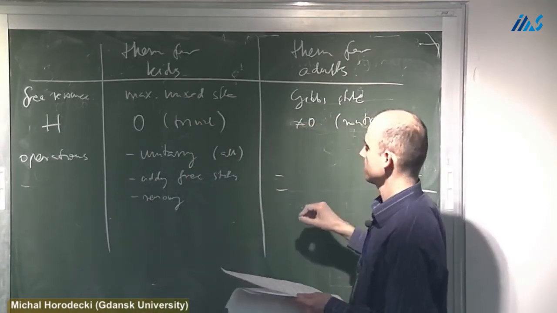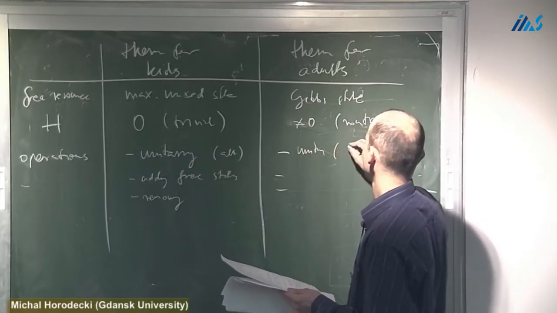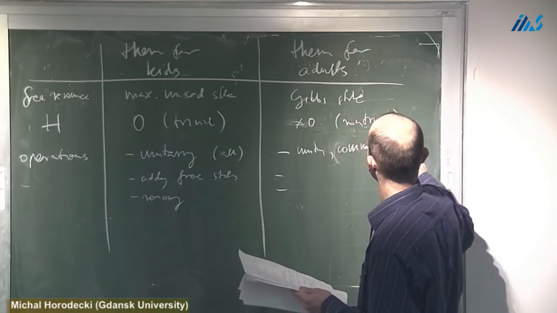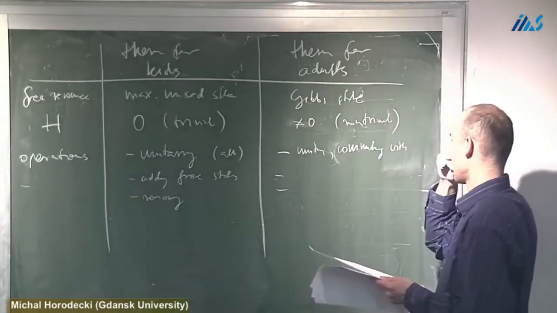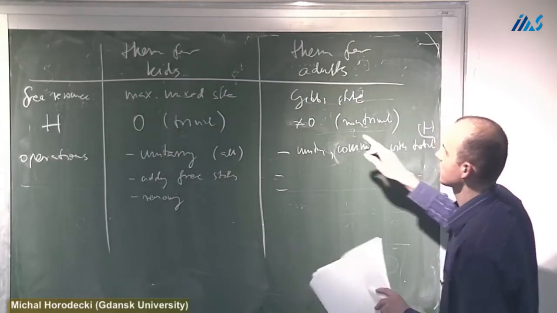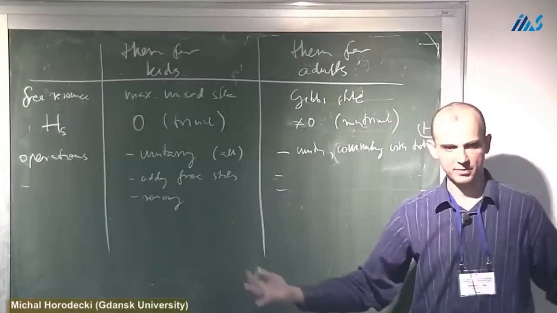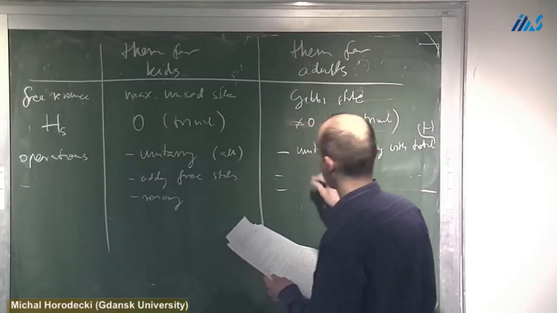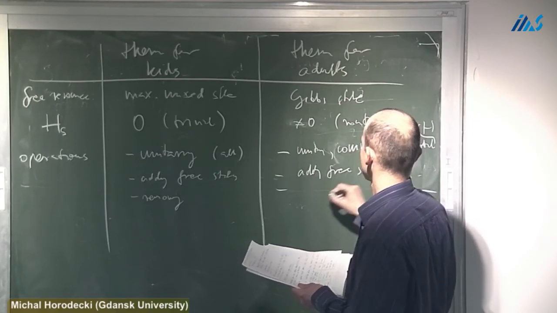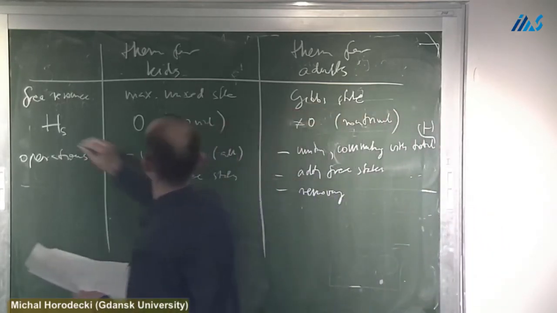So here is the same, and here is unitary, but only commuting with the total Hamiltonian, total H. Meaning total because here I say H for the system, or H system, but by total I mean everything, also the heat bath and the work. So here is the same, adding free states and removing anything we want. Right, so those are the operations.